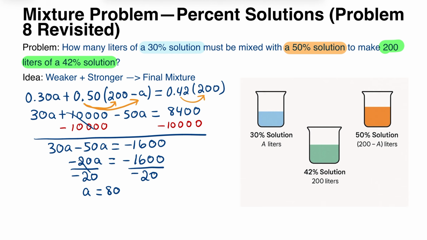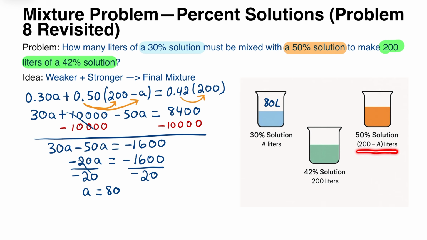So after simplifying, we get A equals 80, but what does this mean? Well, it means 80 liters of the 30% solution. So I'm going to go back to our beaker that has the 30% solution, and I'm going to write in 80 liters. Now we can find out what the rest is by taking a look at the 50% solution.